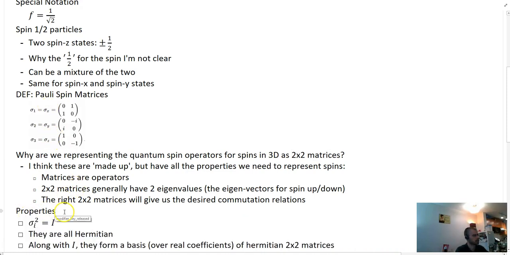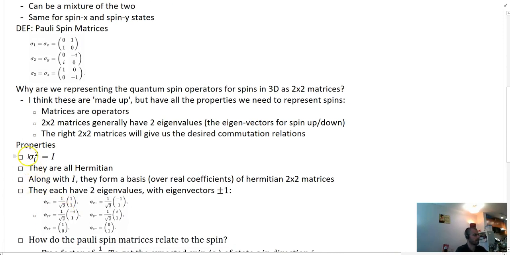So what are some properties they have? Well, if you square any of these, you get the identity matrix. So maybe pause the video, do that in your head, just multiply this matrix by itself. Same with that. You'll notice you get the identity for all of them. They are all Hermitian. So recall the Hermitian conjugate, where you do a transpose and a complex conjugate.